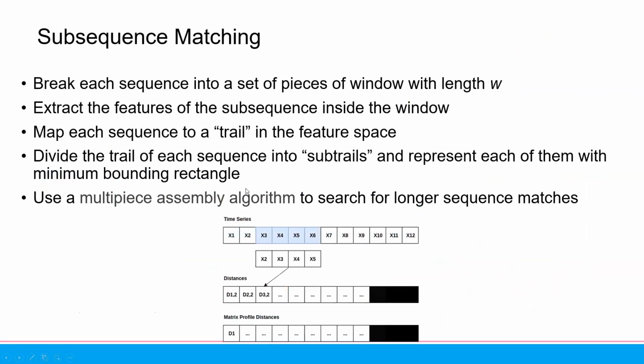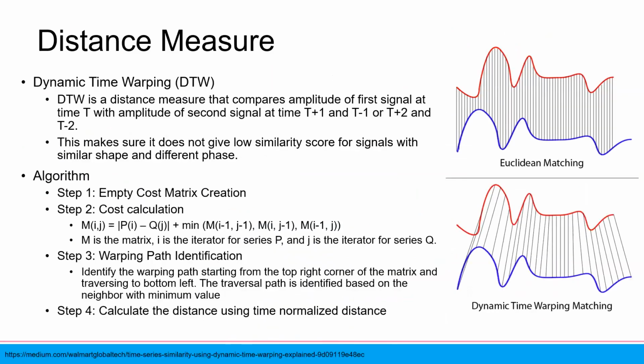So this is the basic idea. Let me just give you one example about one algorithm. We call it dynamic time warping. DTW, dynamic time warping, is one of the famous algorithms.